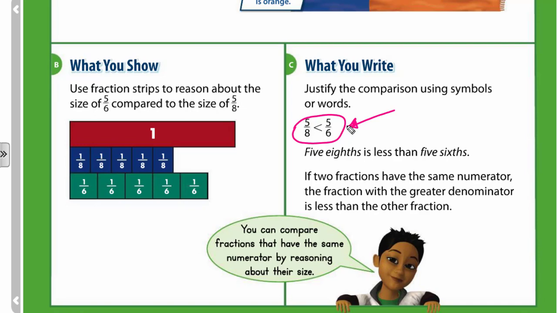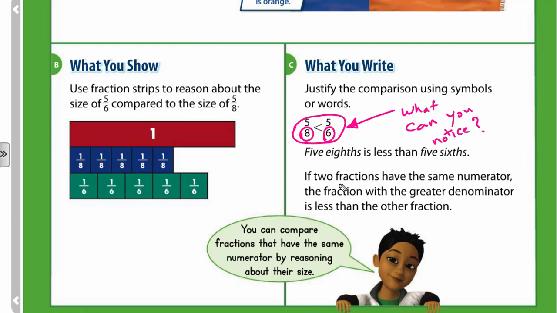Oh, okay. Okay, so my heroes, I want someone to tell me how to compare fractions with the same numerator. And if you have any notes about this 8 and this 6, please tell me what you can notice. What can you notice? Okay, Hassan?